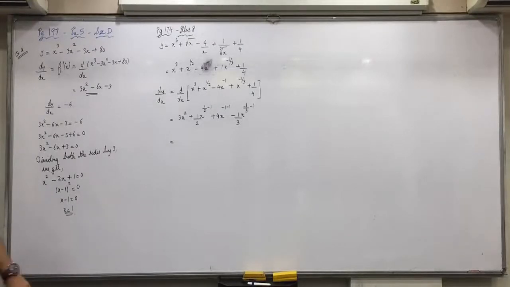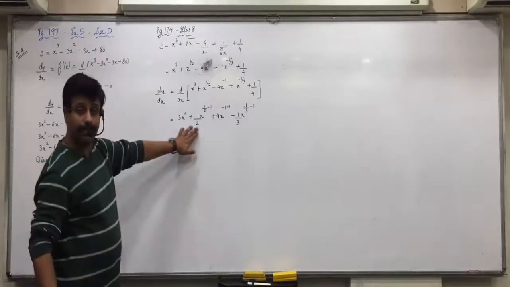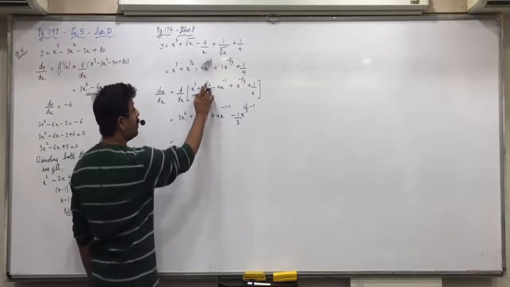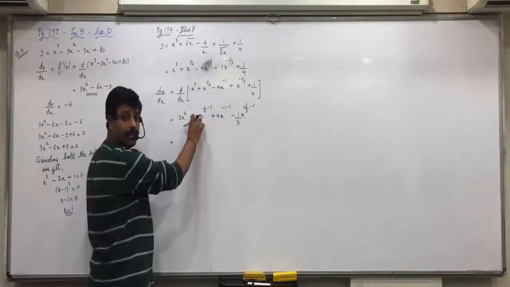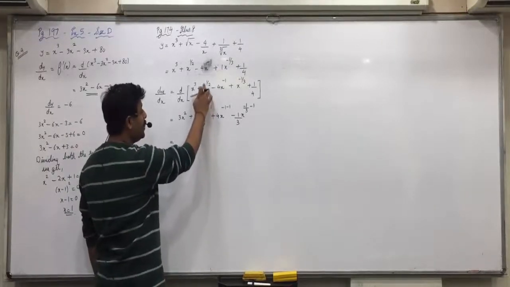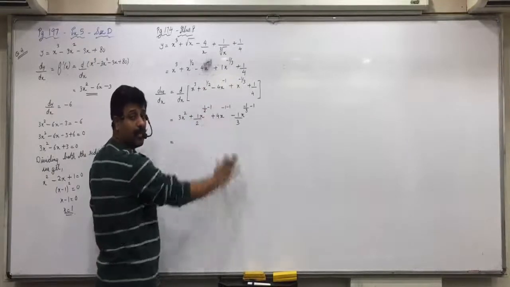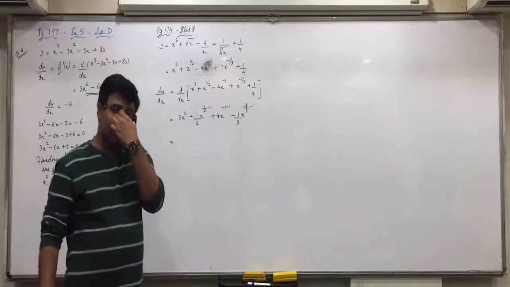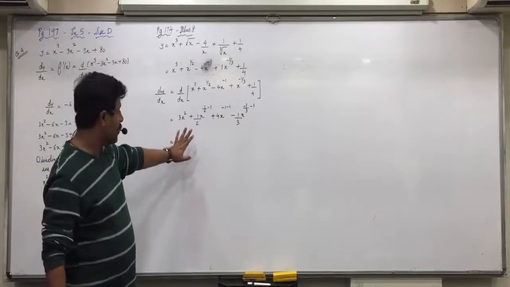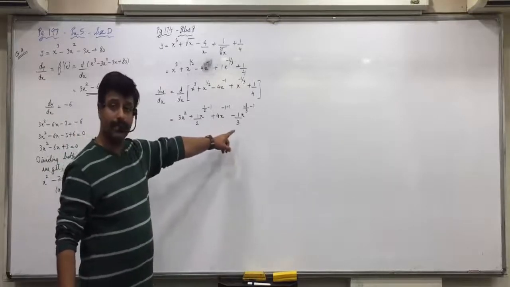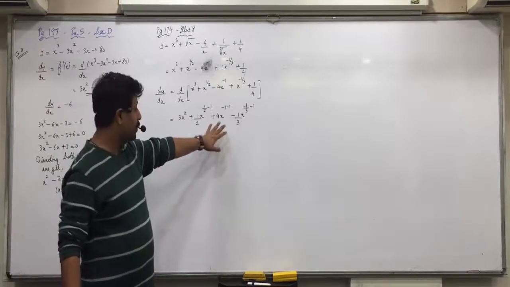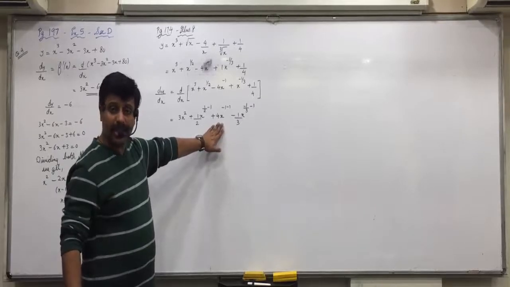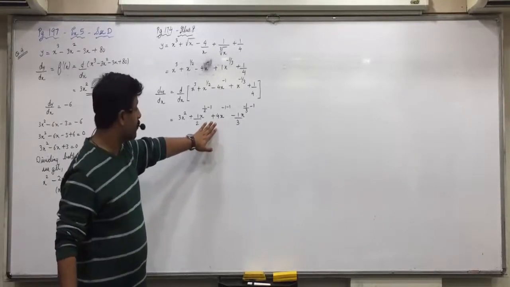This one? n is 1 by 2 into x raised to, again n is 1 by 2 minus 1. n x raised to n minus 1. These are clear? Or should I explain it again? Anyone who wants me to explain this again, raise your hand without any hesitation.